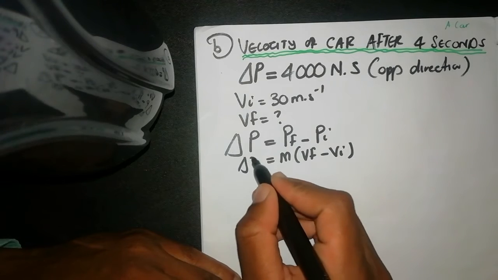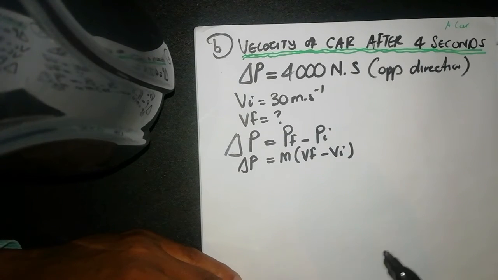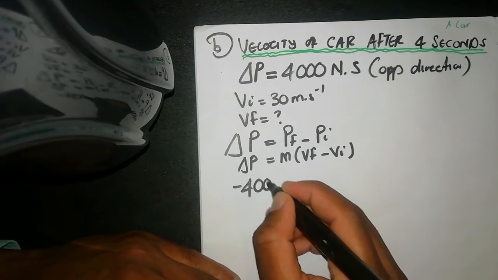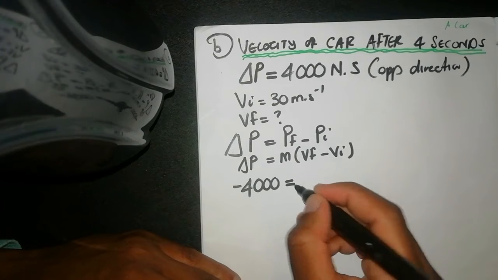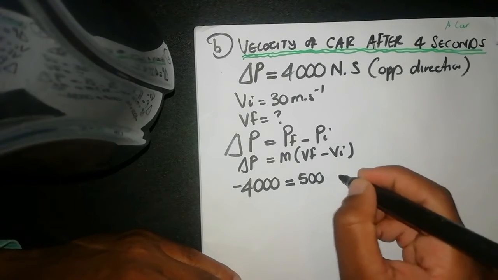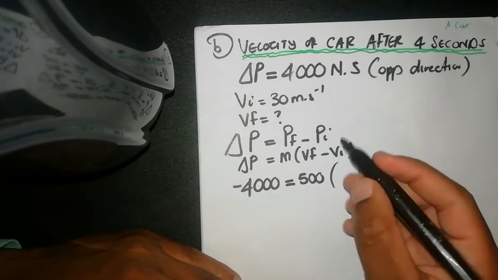Now our change in p was in the opposite direction, so it's going to be negative 4,000, which is going to be equal to our mass, which was 500 kg. This is the mass of the car, and the final velocity is the velocity that we are looking for.